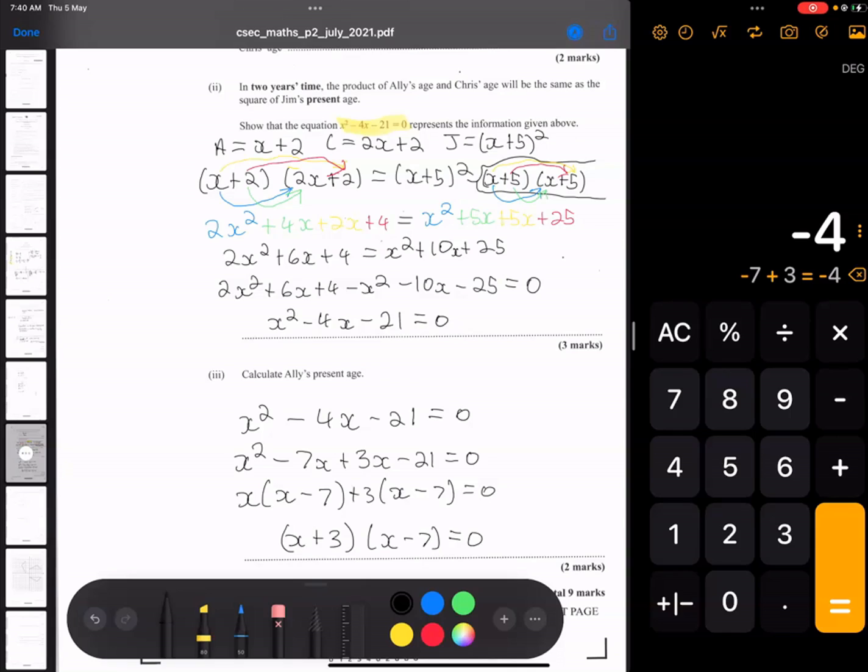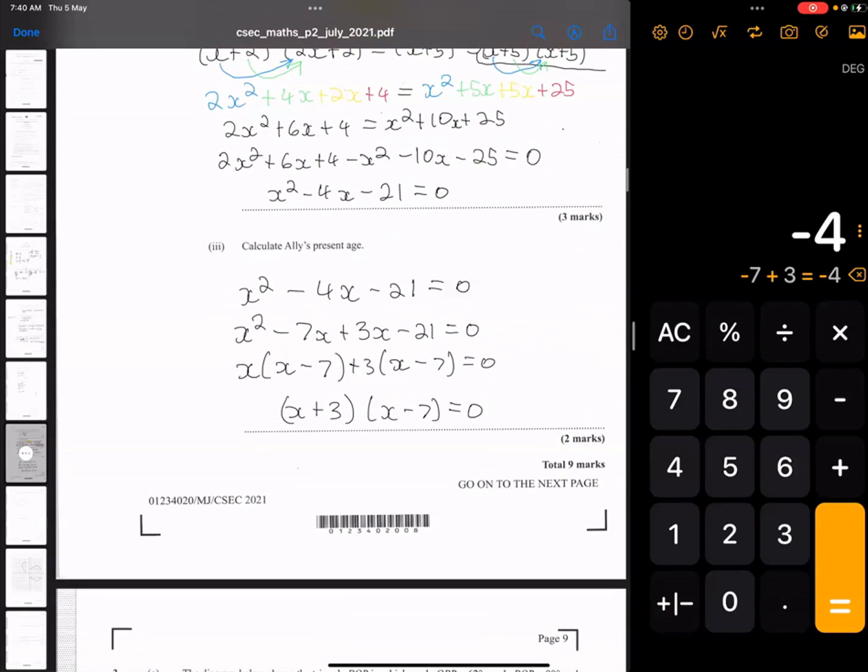Alright, but we're not finished, we're almost there. Since the product is equal to 0, we could simply say that x plus 3 is equal to 0 and x take away 7 is equal to 0.